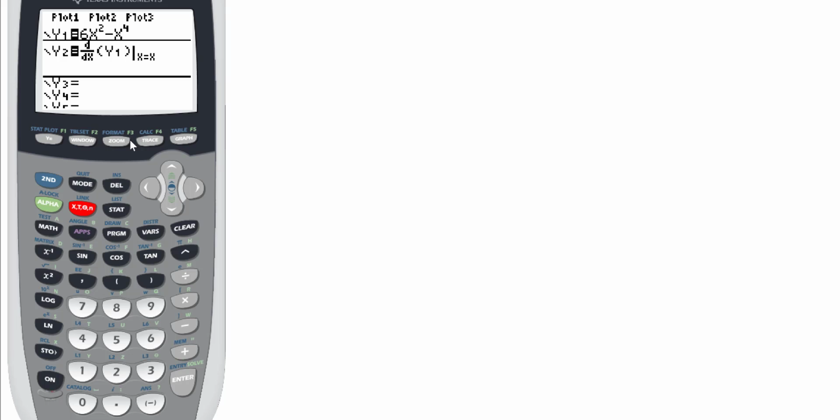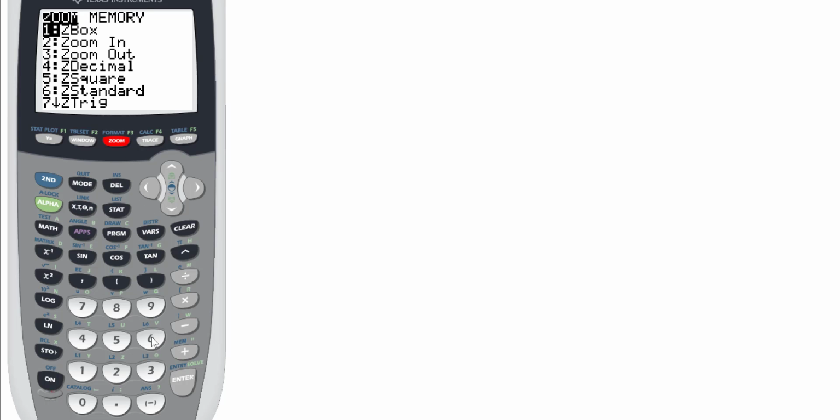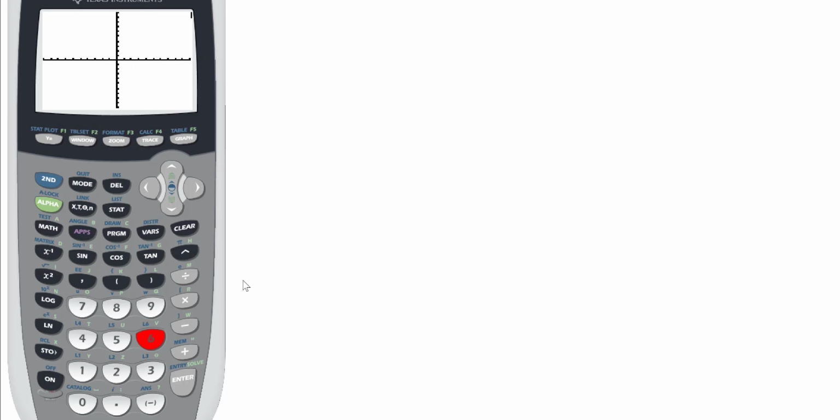Now you hit zoom 6, or zoom standard, and it's going to graph it. That's the original function, and the next one is our derivative function. Here's the deal. On the real function, you could turn it off.